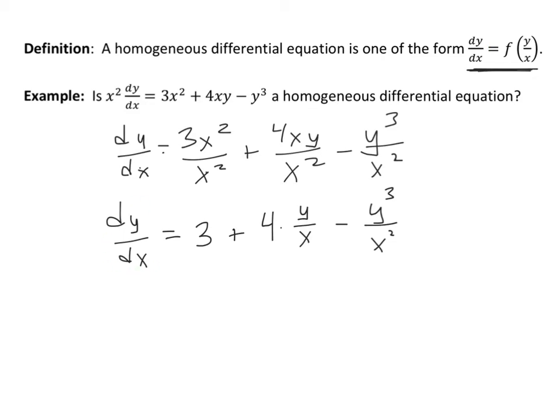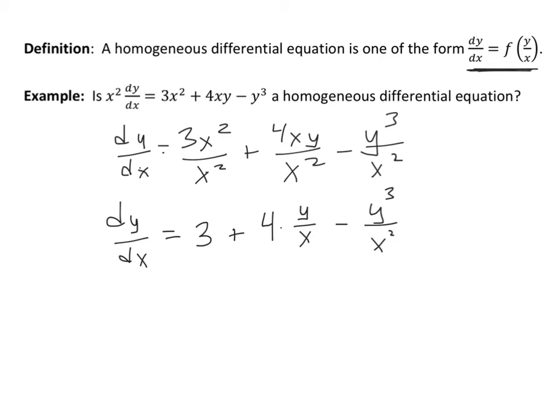The question is, is the thing on the right a function of y over x? One way we could do that is to look at it term by term. First, is 3 a function of y over x? The answer is yes, it is. It's a boring function, a constant function, but it depends directly on y over x. This here, 4 times y over x, is also a function of y over x. The only variable that's there is y over x.